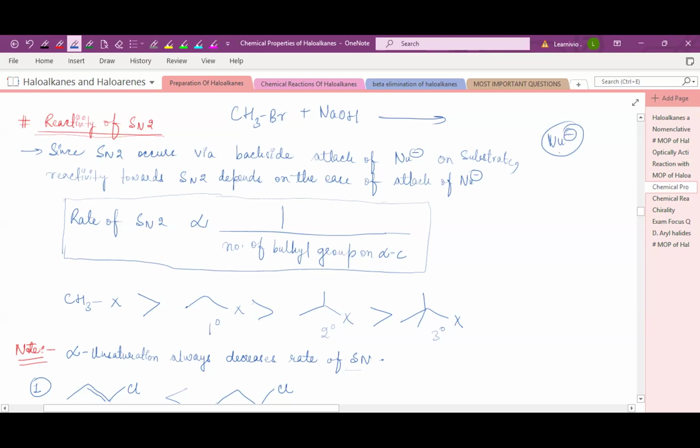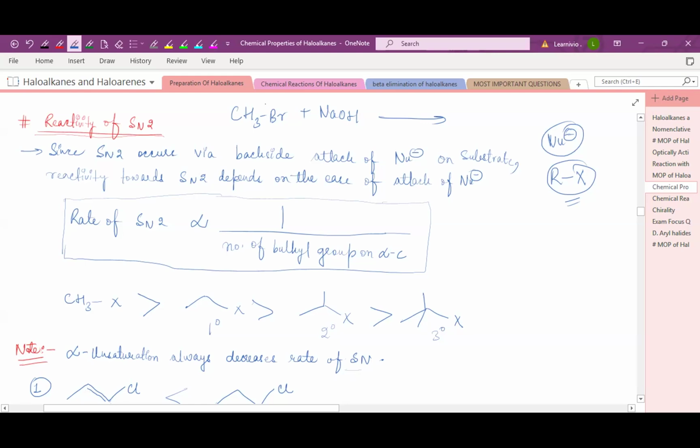So in the nucleophilic substitution reaction, there are two components. First one is your substrate, and because we are just talking about the haloalkanes here, the substrate is haloalkane, or alkyl halide. The nucleophile is the negatively charged species, which is electron rich. Suppose we have this reaction CH3Br.